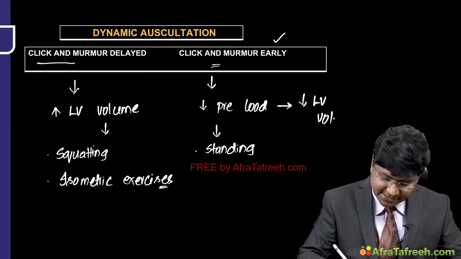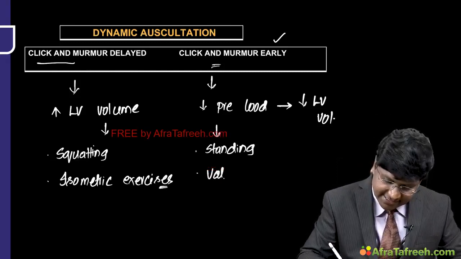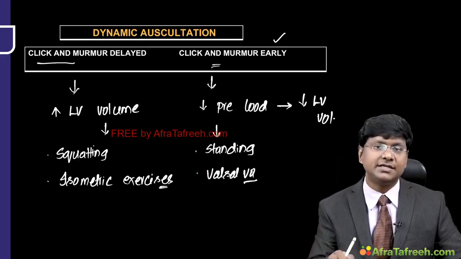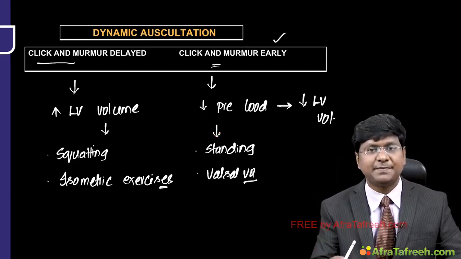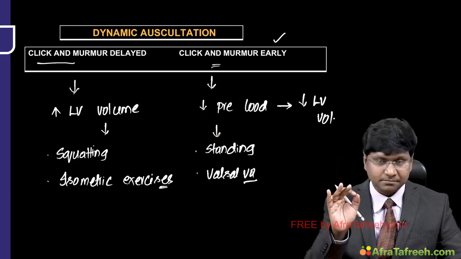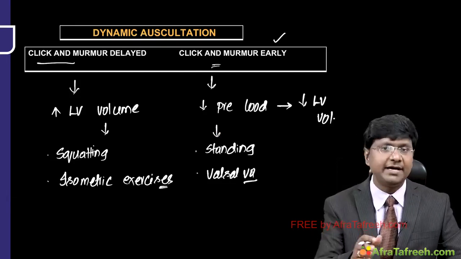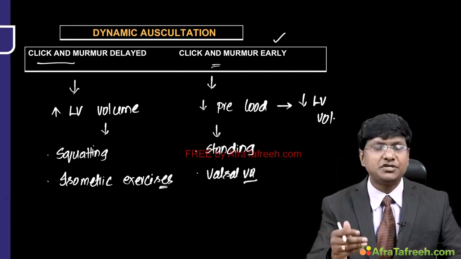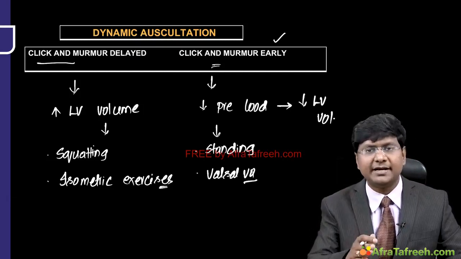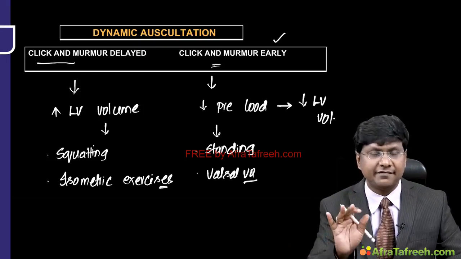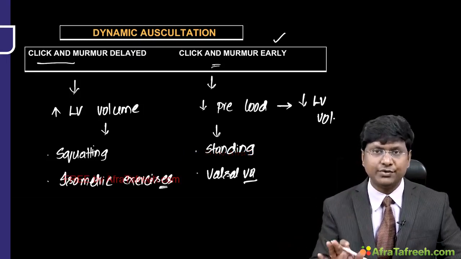And next is on doing the Valsalva maneuver. By doing Valsalva, the intrathoracic pressure increases, so that will decrease the venous return and that will decrease the preload. So please remember, any maneuver which will decrease the preload, the click and murmur will be early. And any maneuver which will increase the LV volume, the click and murmur will be delayed. So these are the two important dynamic auscultatory findings in mitral valve prolapse you need to remember.